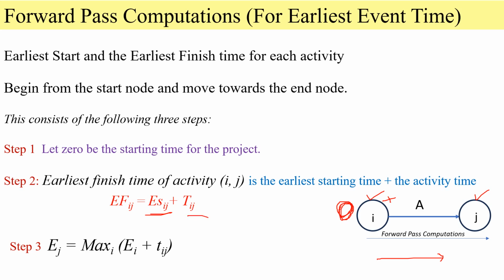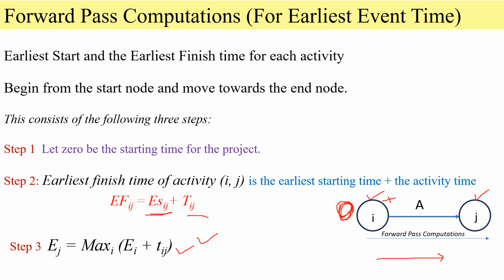The third step is Ej equals the maximum of Ei plus Tij. The third step is used for merge events. For merge events, the finishing time to be considered is the maximum finishing time among all the activities. So this is the third step.